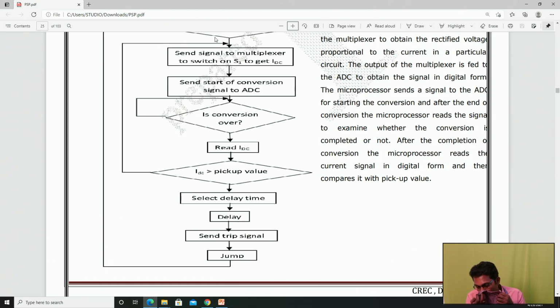Through that we can control any fault at the minor stage itself. We don't need to wait for a long period.